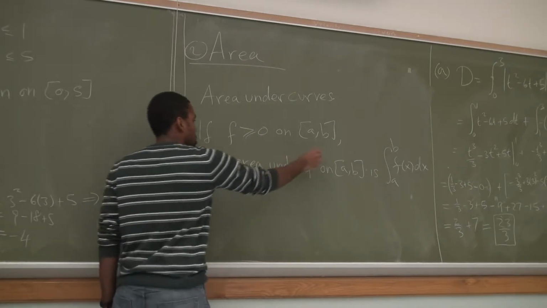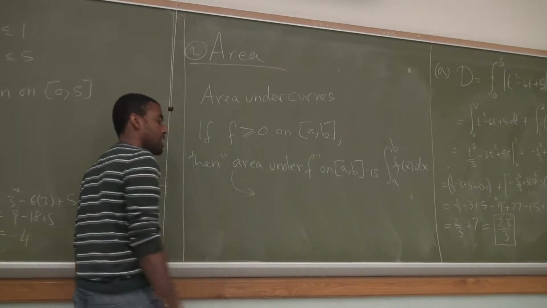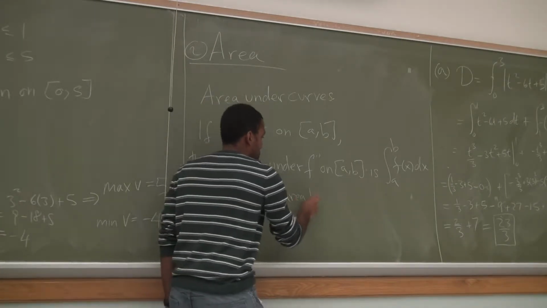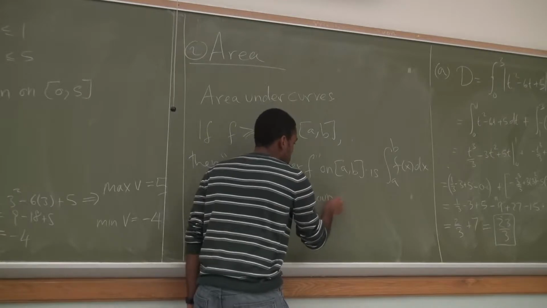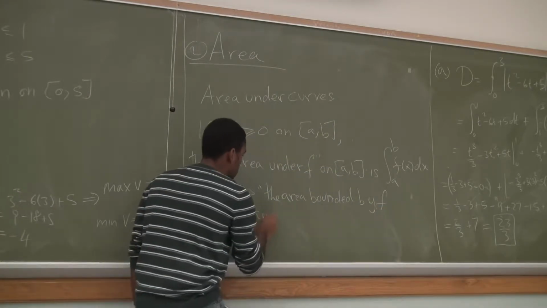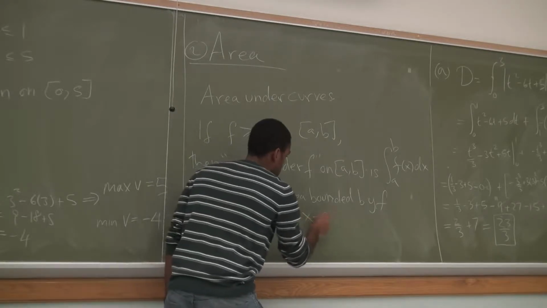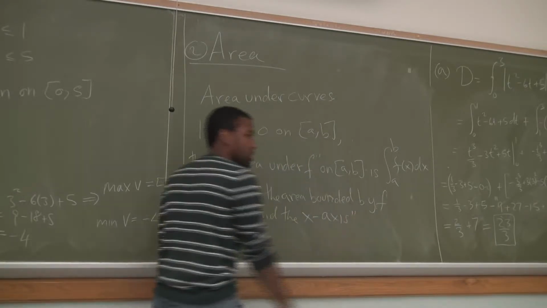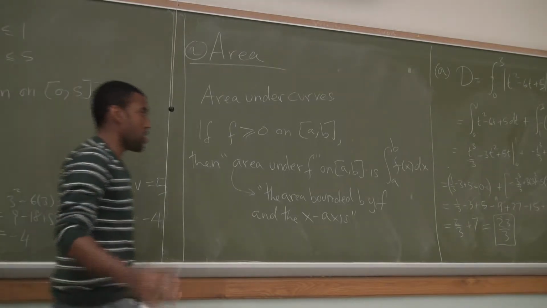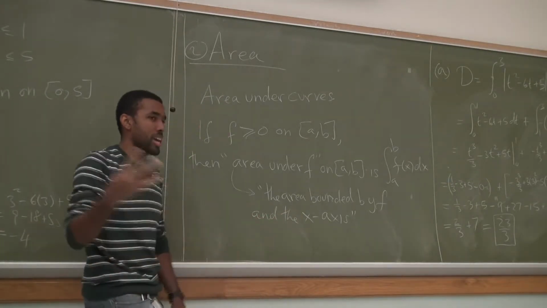The area under f, they can also phrase it as the area bounded by f and the x-axis. You'll see either one of these phrases: area under the curve, or the area between the curve and the x-axis.